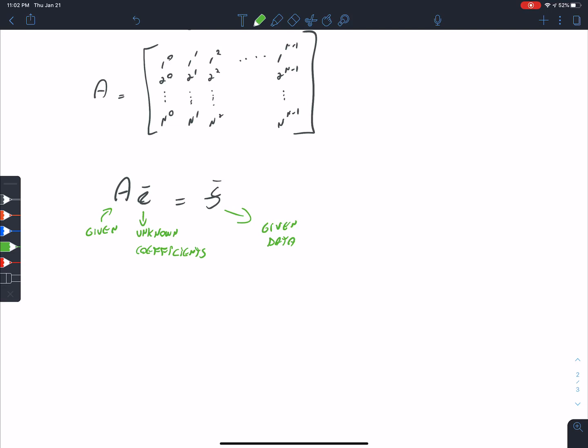Right? And the basic rule comes from the fact that we must have the same number of equations and unknowns. So we have to have n equations and n unknowns.